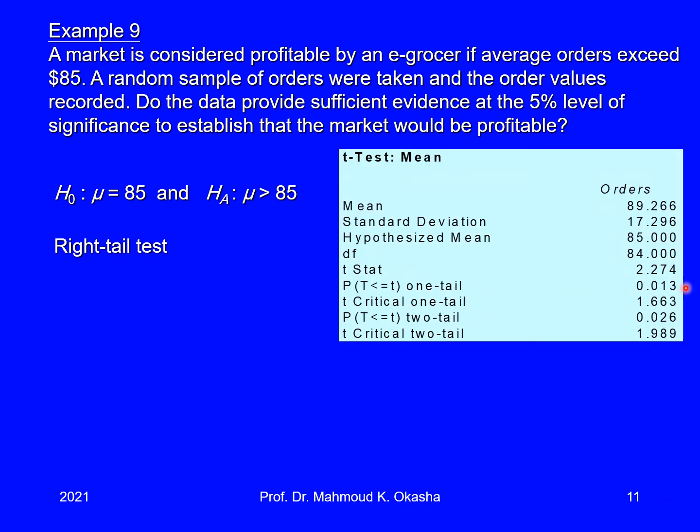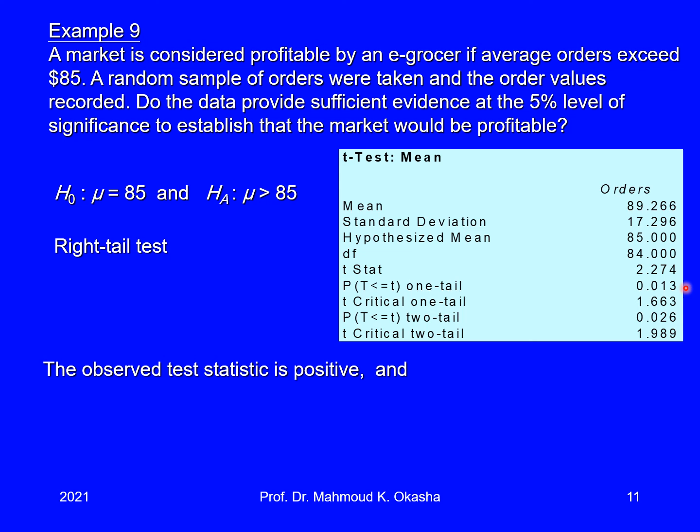Then we do not follow the steps here, but we have the Microsoft Excel sheet with some results. From these results, the sample mean equals 89.266 and the sample standard deviation is 17.296. The hypothesis value is 85. Degrees of freedom 48.